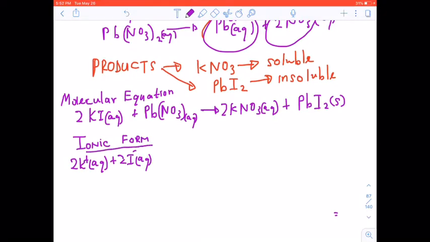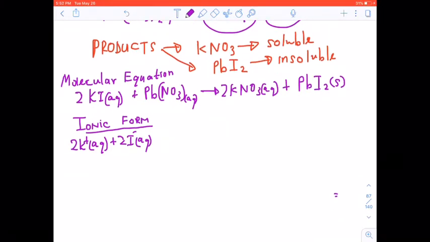You'll see in the next lesson why we write this in ionic form. It's useful because it summarizes what happens in a reaction. And then we've got here plus Pb2 plus aqueous plus 2NO3 minus aqueous, right?